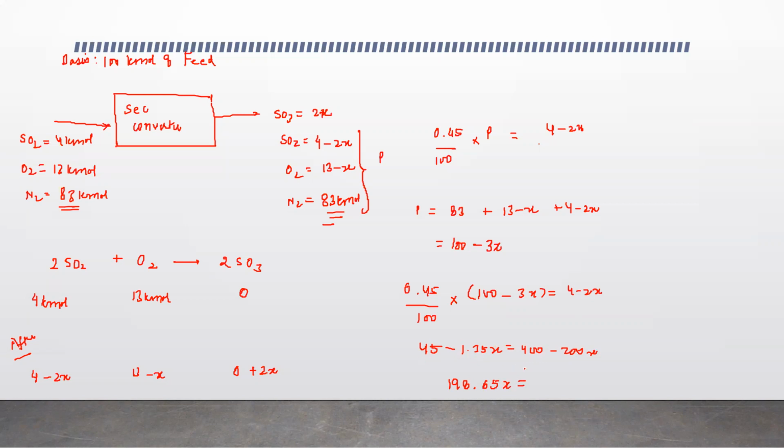And then we are going to take 400 minus 45, that is 355 over here. So on the basis of that, we'll get x as 1.787.